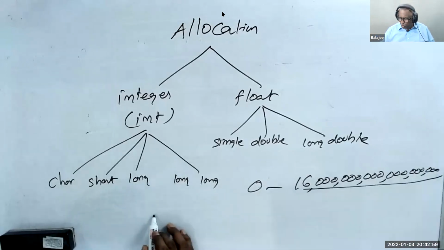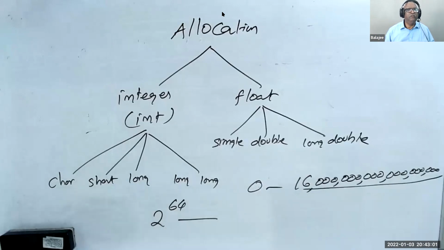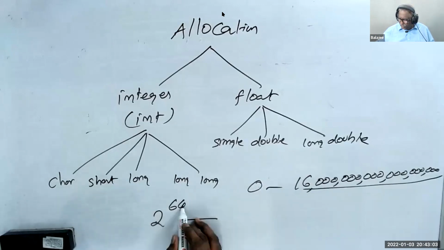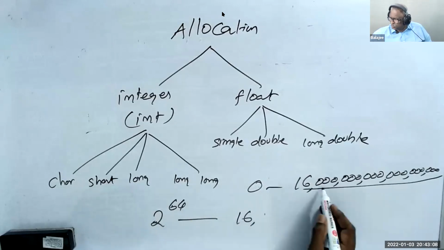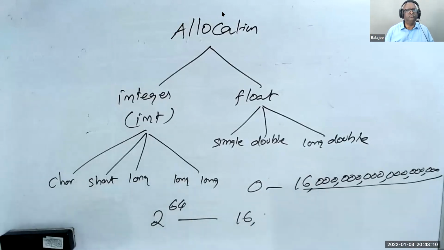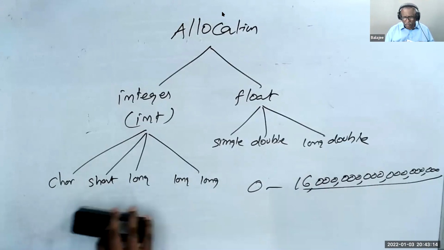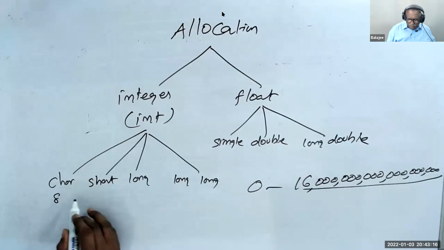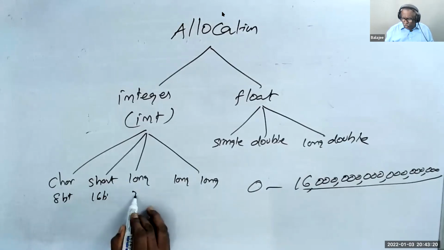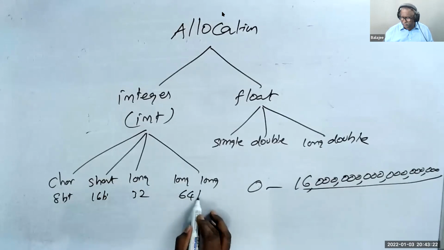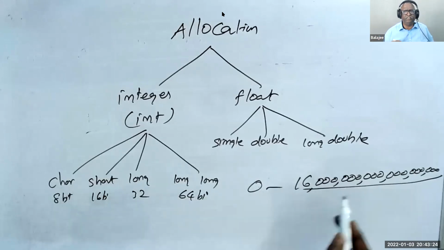That is 2 power 64. 2 power 4 is 16, 2 power 60 is so many zeros. Am I right? 2 power 64. Because char is 8-bit, short is 16-bit, int is 32-bit, long is 64-bit. 2 power 64 is this much.